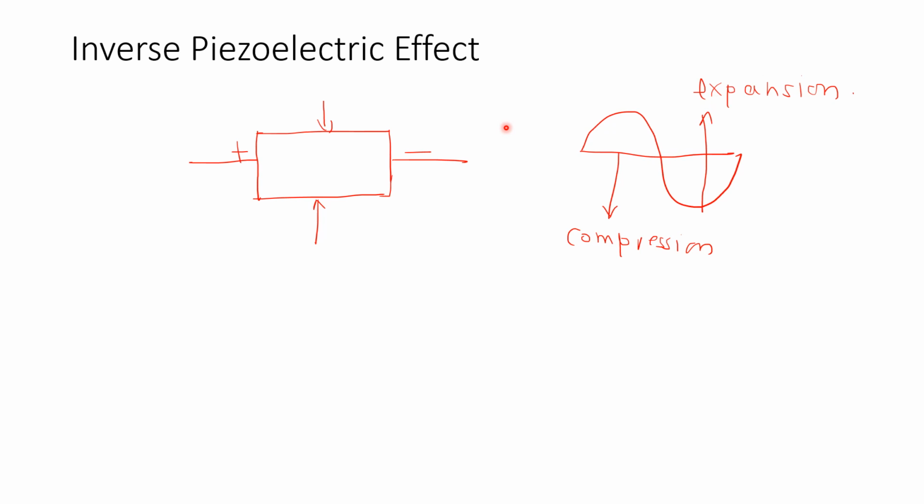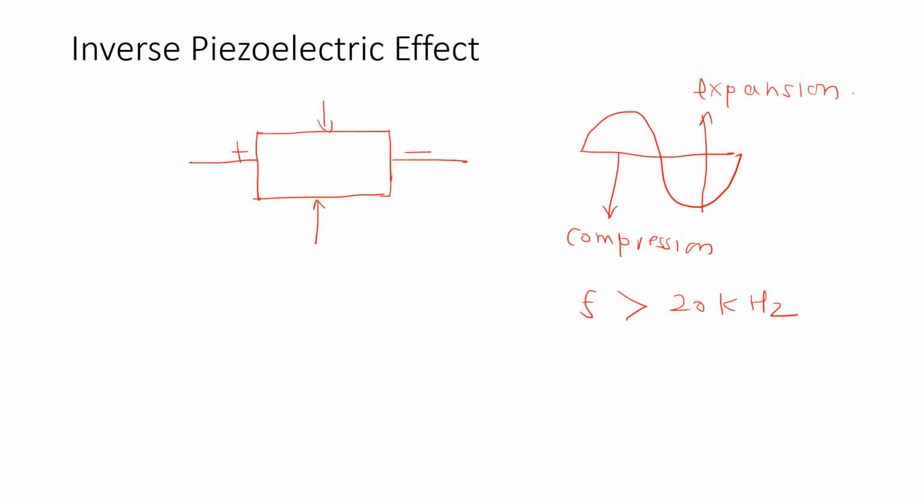And further, if this frequency of the applied electric field is in the ultrasonic range, then what will happen? The crystal will vibrate with the same frequency as that of the applied electric field.